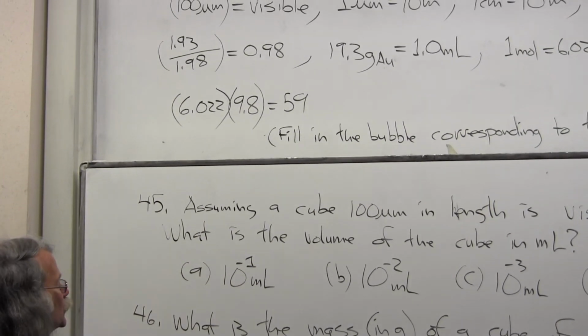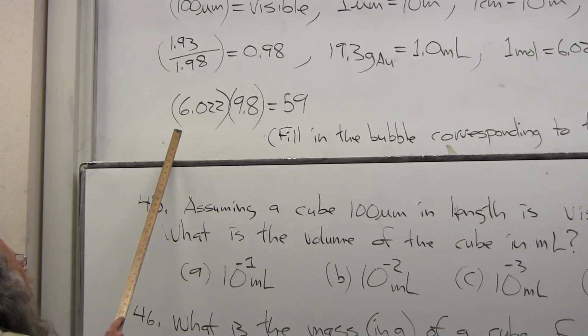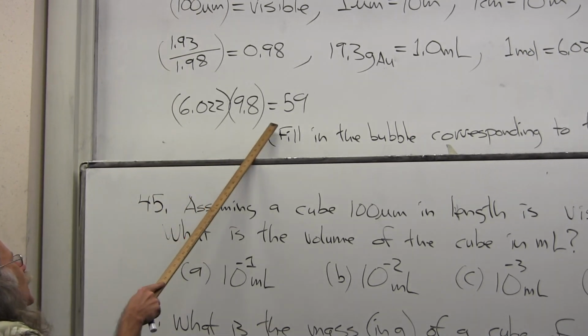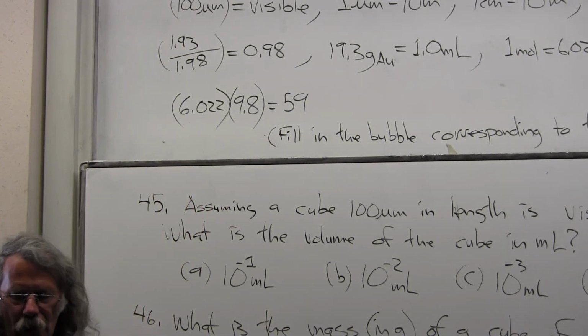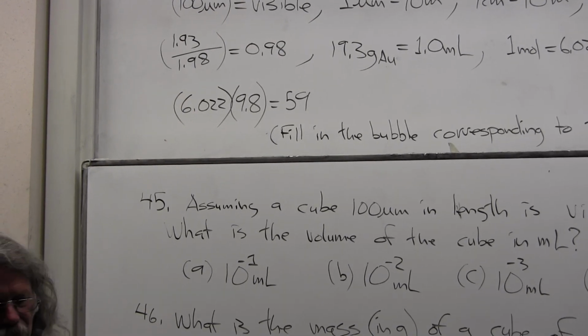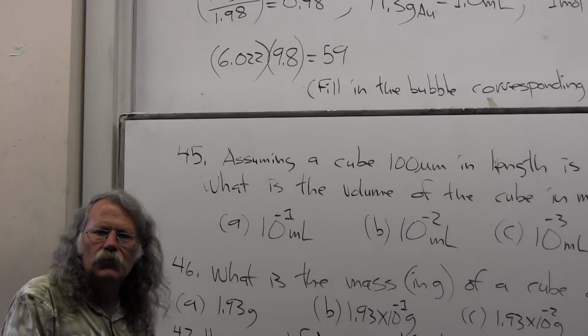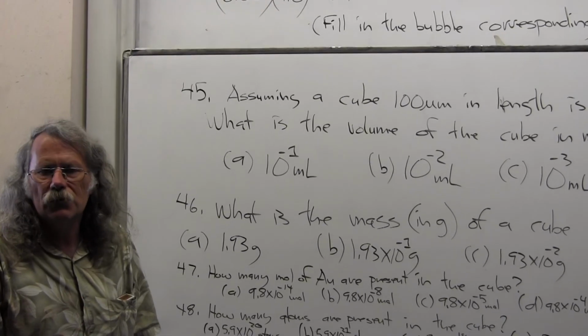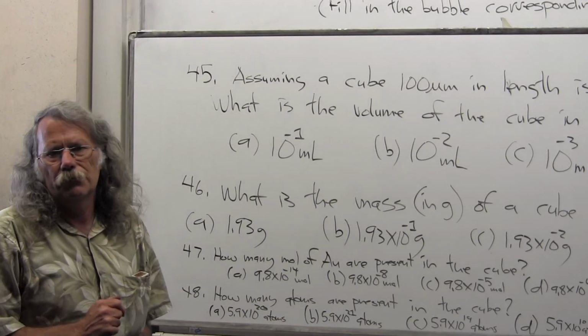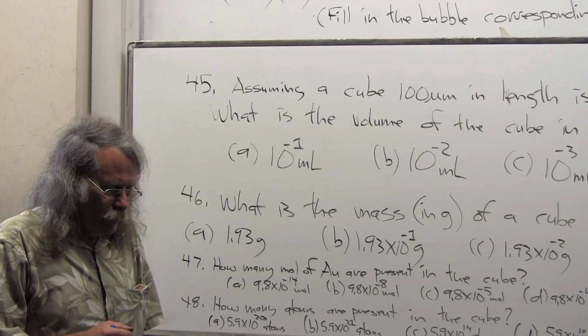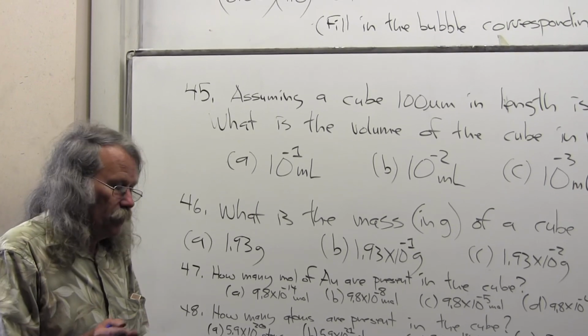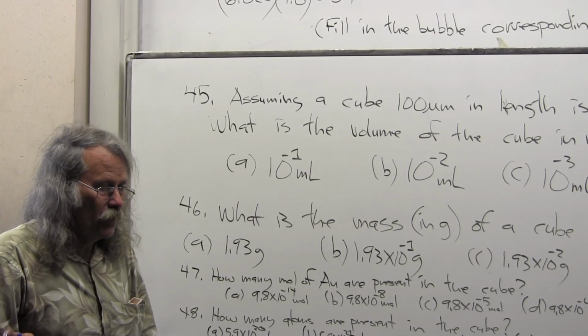That's a simple long division question. And multiplying 6.022 times 9.8 is equal to 59. But we don't really have time to waste on that here. This is something else we can test elsewhere in the test.